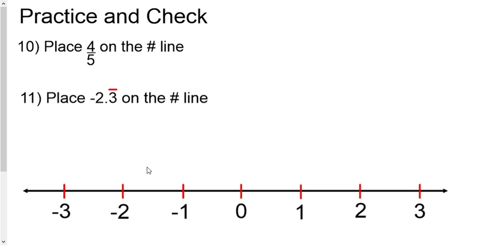Place 4/5 on the number line, and then also place -2.3 with that repeating 3 on the number line. Okay, here we go. Where would we place this? This would be in fifths, so let's break it down into fifths. Let's see. 1/5, 2/5, 3/5, 4/5, 5/5.